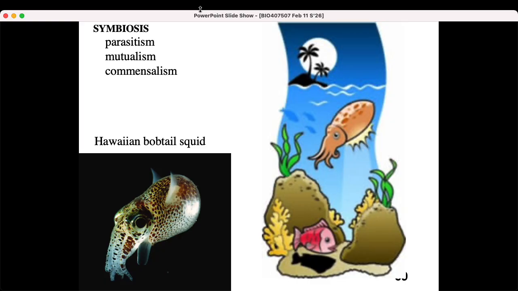Then every 24 hours, it burrows down in the sand at the bottom of the water and pushes most of the bacteria out. Then it comes up and starts over the next day, encouraging a certain species to grow.